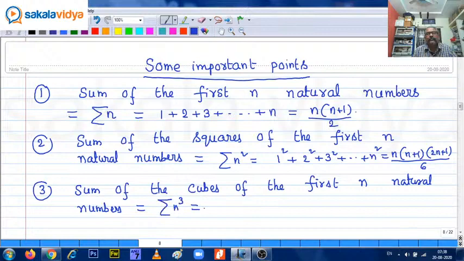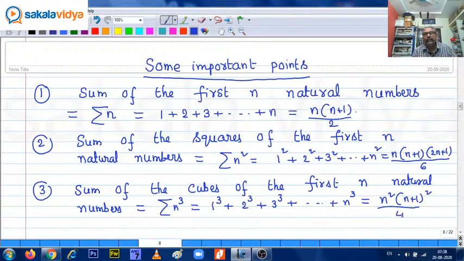Sigma n cube is equal to 1 cube plus 2 cube plus 3 cube plus dash dash plus n cube is equal to n square n plus 1 whole square upon 4. That means we can relate third and 1. Therefore, we can remember like this: sigma n cube equals to sigma n whole square. This we can remember.